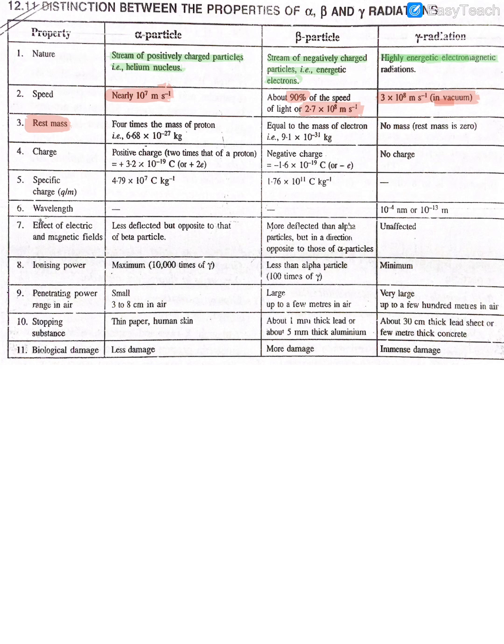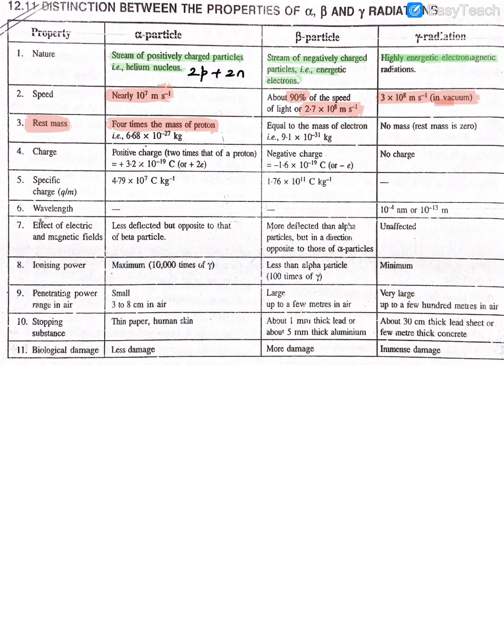So what is the rest mass here? 4 times the mass of a proton. I hope you got the logic: there are 2 protons and 2 neutrons here. I'll write down once again that this has 2 protons and 2 neutrons.